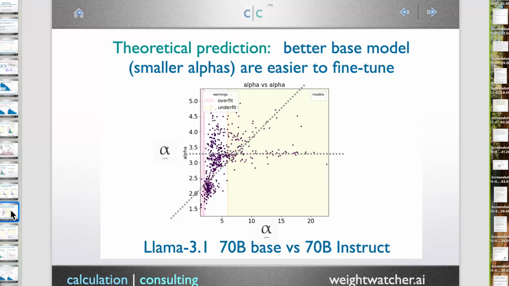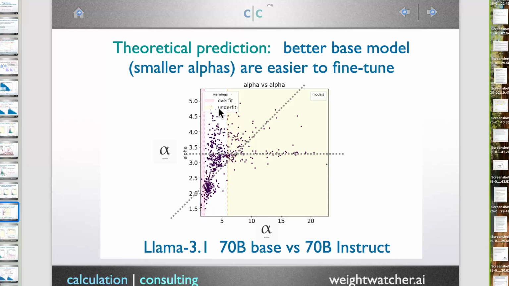So what does it mean when you have large alphas? It turns out that smaller alphas, generally speaking, are easier to fine-tune. If you have alphas that are way up here in the range of 15 or 20, you might not get good results. This is Llama 3.1, 70B base versus 70B Instruct. The Instruct component is on the y-axis. All the alphas are in the safe range from 2 to 5, 2 to 6.